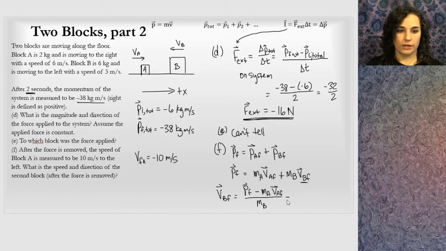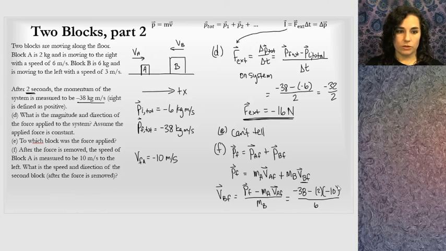Do some algebra on that equation. So I'm going to take negative 38, subtract the mass of A, which is 2, times the final velocity of A, which is negative 10, negative 10 to the left, divided by the mass of B. The mass of B is 6.